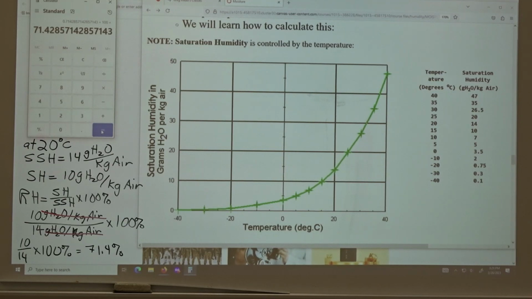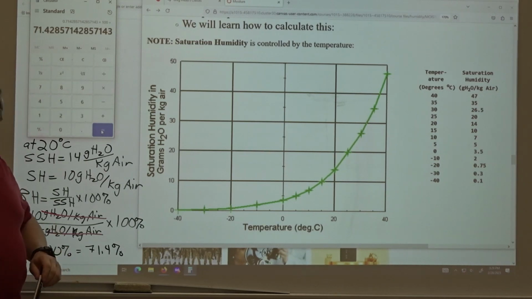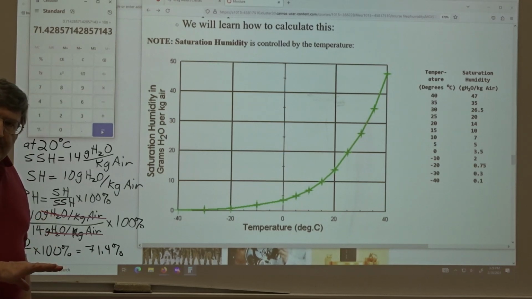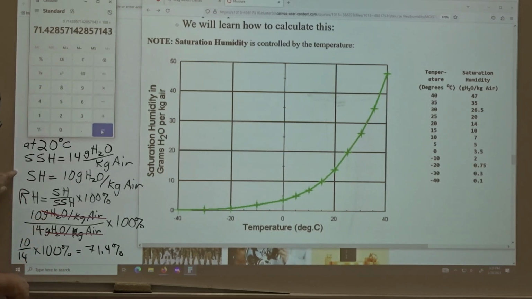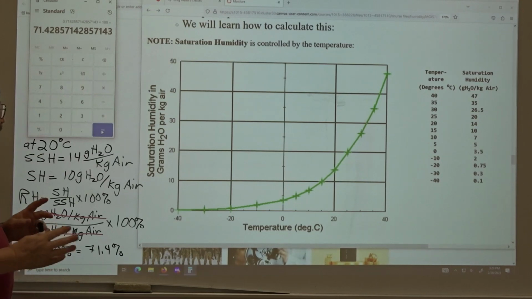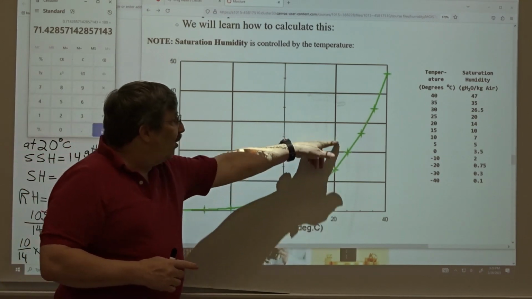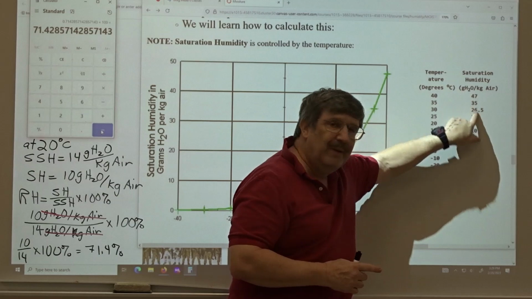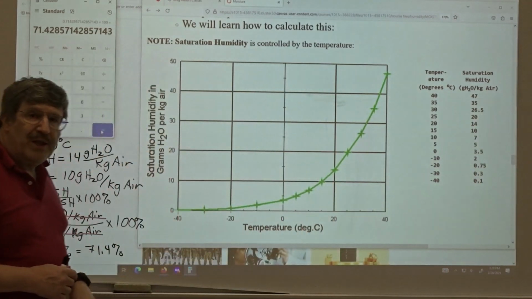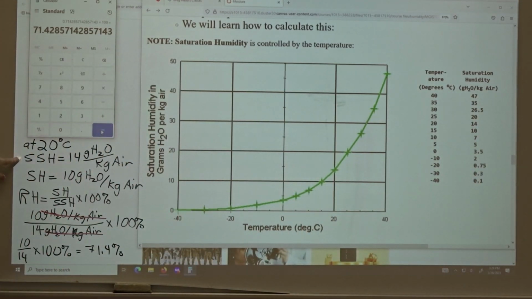So I hope you can see that we're doing this in exactly the same way every time. Find out what the specific humidity is, write it down. Specific humidity in this case is 10 grams of water per kilogram of air. Find out what the temperature is. Then from that, read either from the graph or from the table what the saturation specific humidity is. Write that out.